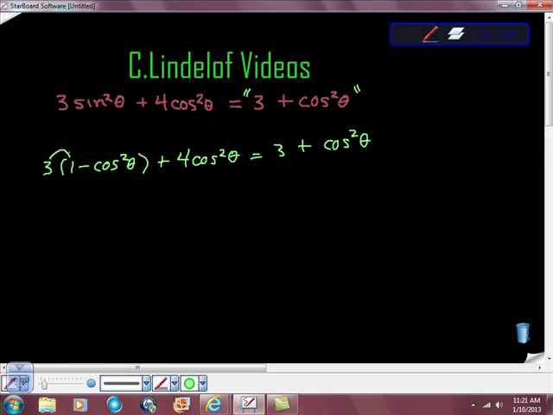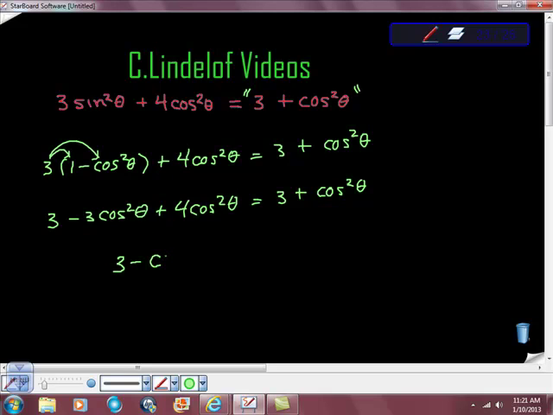I'm just going to distribute this to here and here. 3 times 1 is 3. 3 times negative cosine squared theta is negative 3 cosine squared theta, plus 4 cosine squared theta is equal to 3 plus cosine squared theta. And I believe it is, because we have 4 cosine squared thetas here minus 3 cosine squared thetas here, which gives us 1 cosine squared theta. So 3 plus cosine squared theta is in fact equal to 3 plus cosine squared theta.